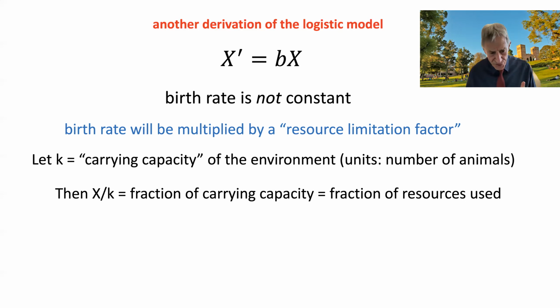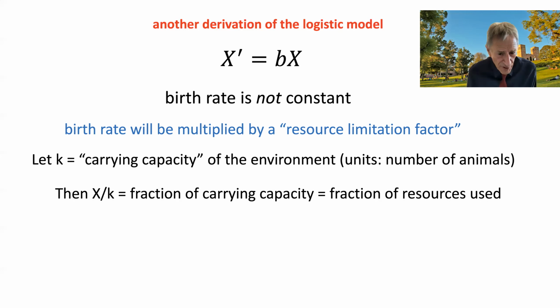If that's true, then what is X over K? It's the number of animals there currently are divided by the maximum number of animals there possibly could be. And that is the fraction of the carrying capacity that we are currently using.